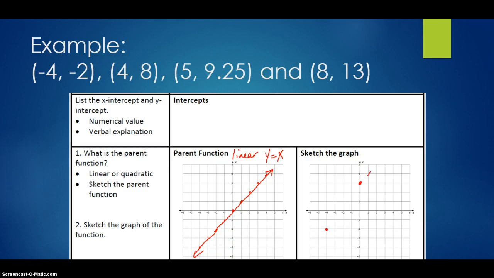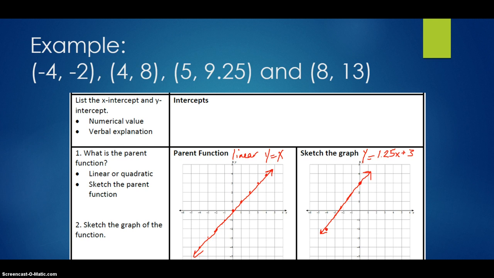So now I have 2 points that I can connect to draw this function. I think I'm just going to quit while I'm ahead, put some arrows on the end. So that is the picture of our function.